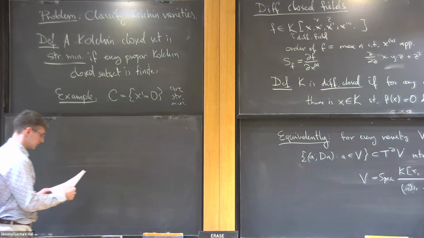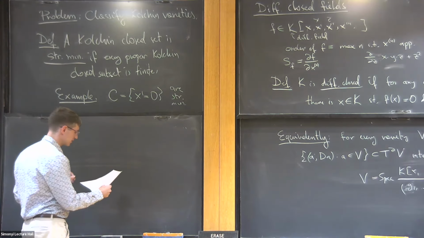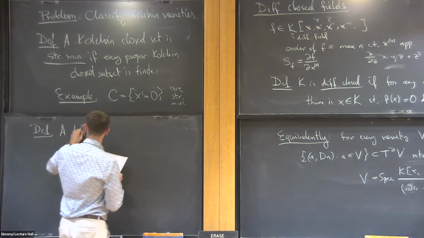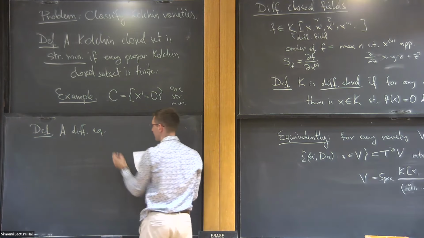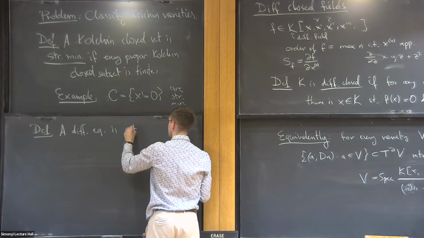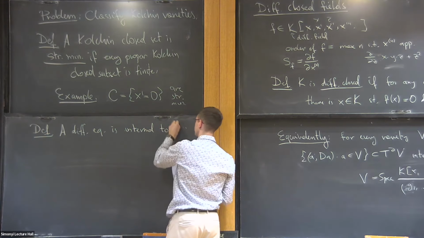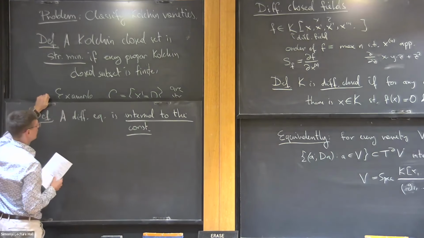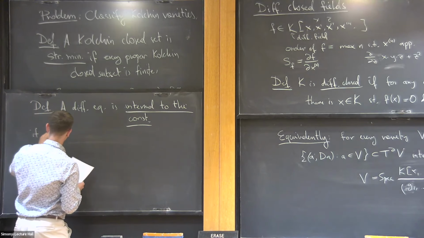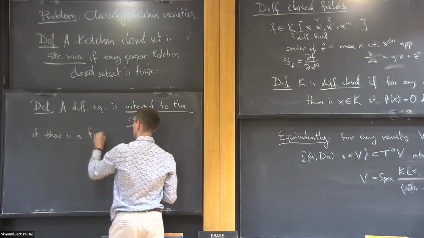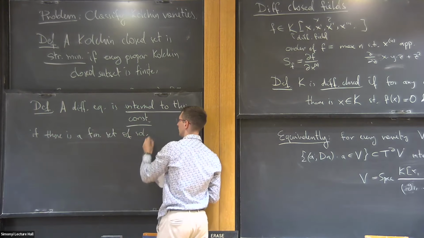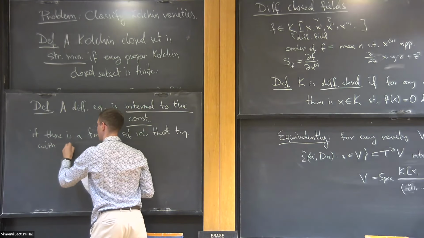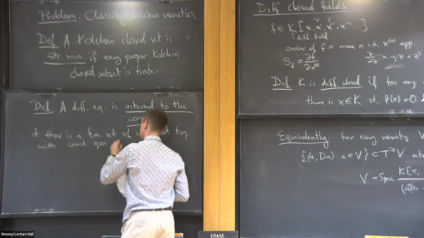Regarding this generalization of Picard-Vessiot to bigger classes of differential equations, one can think of a Kolchin variety being internal to the constants if there is a finite set of solutions that together with constants generates all the solutions.